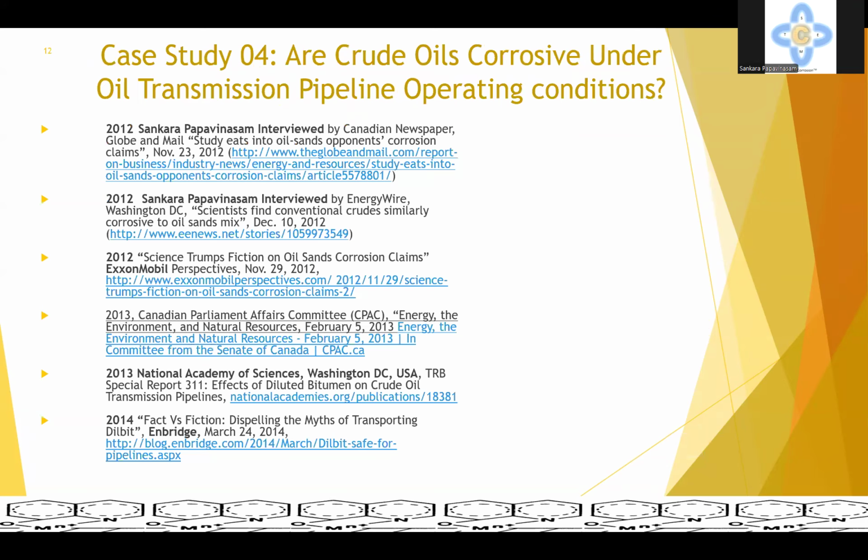The next case study is very dear and near to my heart, and many of you are aware of this issue. Around 2010, some of the environmental groups aggressively promoted that Canadian crude oil is extremely corrosive under oil transmission operating conditions. And they also tried to force the US not to buy Canadian crude oil.